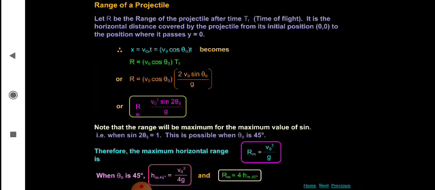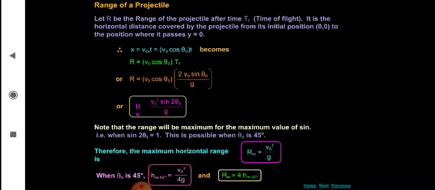Now note that the range will be maximum for the maximum value of sine, when sin 2 theta is equal to 1. This is possible when theta is equal to 45 degrees. So when theta is equal to 45, you get the value sin 2 into 45, that is sin 90 degrees. For sin 90, the value becomes 1.